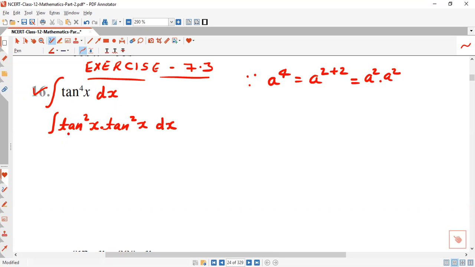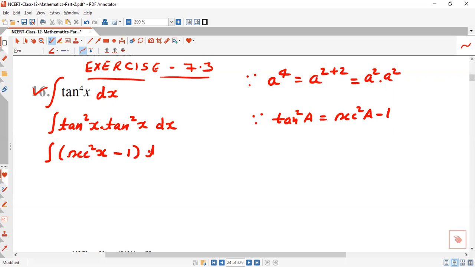dx is also here. Again you know this formula that tan square a equals sec square a minus 1. We apply this formula here. We are getting sec square x minus 1 times tan square x dx.